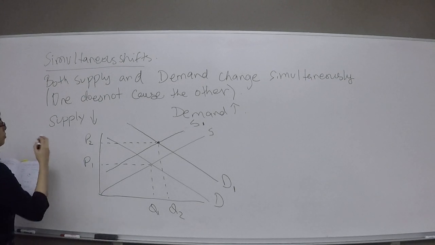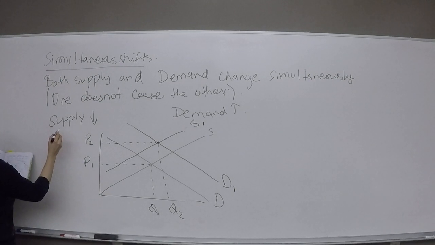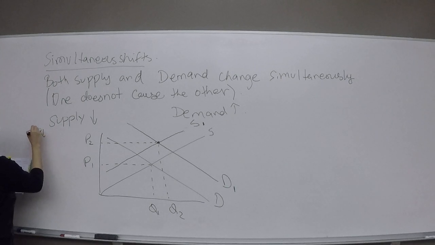So generally from previously, we know that when supply decreases, equilibrium price increases and equilibrium quantity decreases.